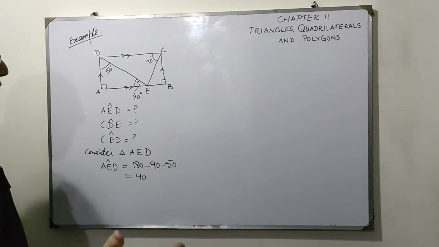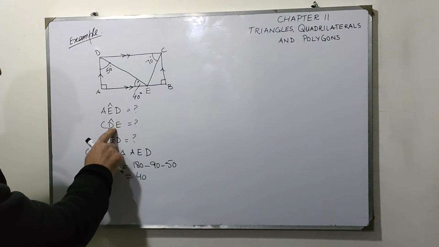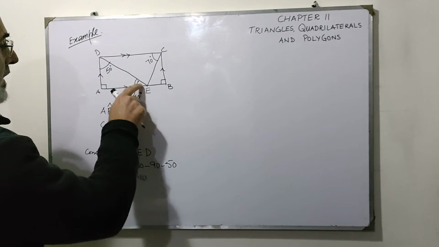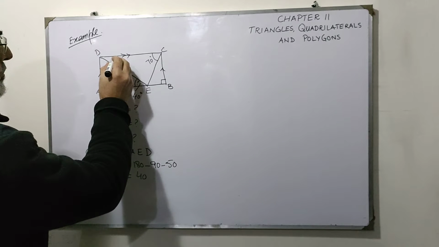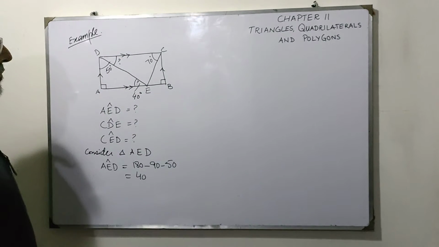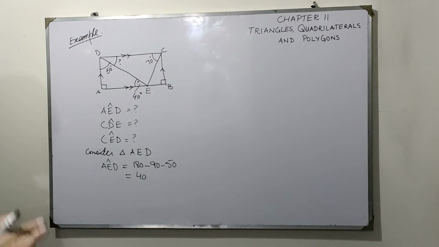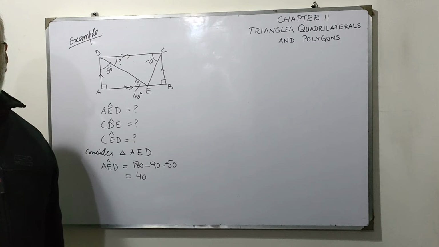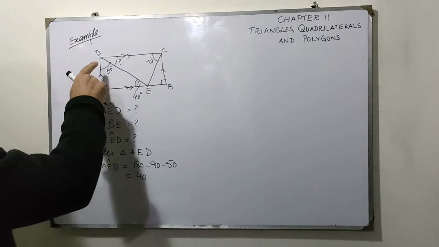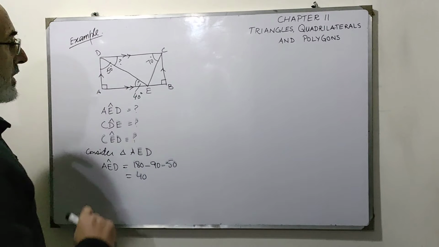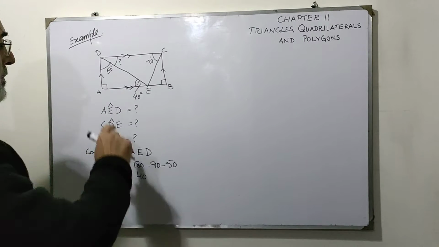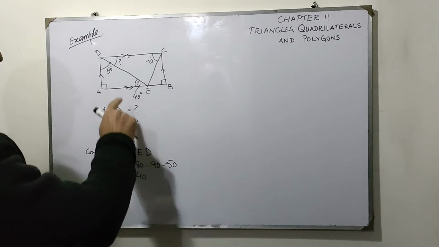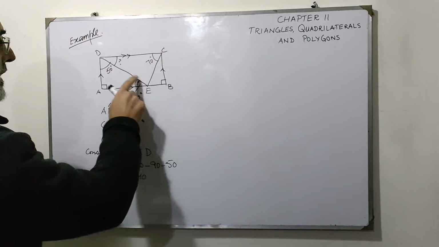Now I have to find angle CDE. Now this C, D and E, CDE, I have to find this angle. And we know that the corner of a rectangle is 90 degrees. So the total angle here is 90 degrees, right? But we have to find this CDE.